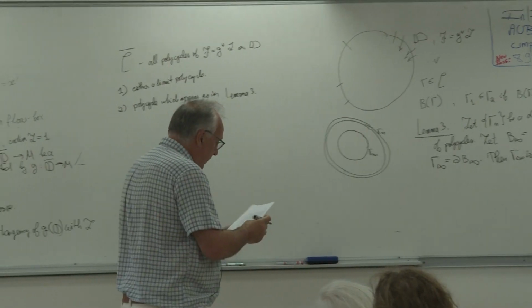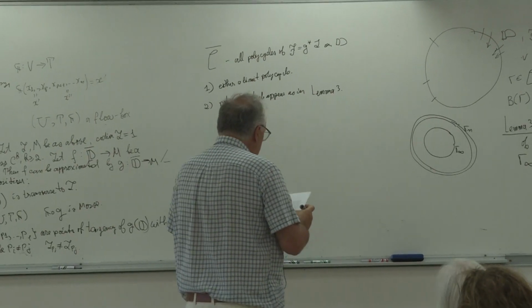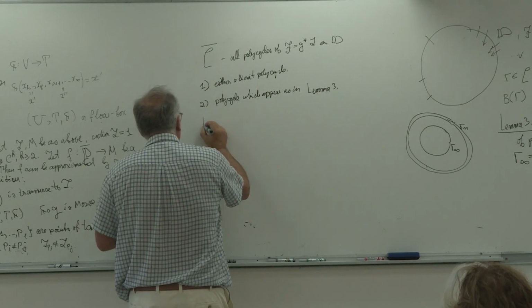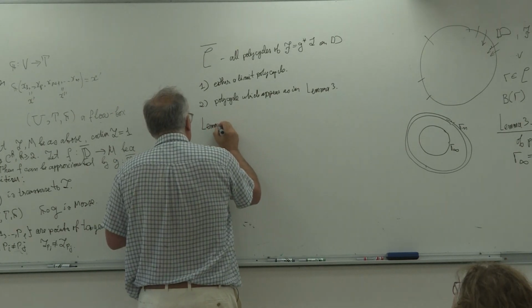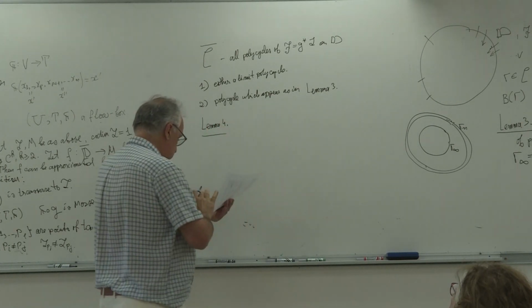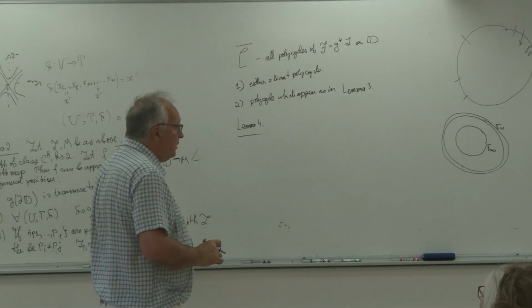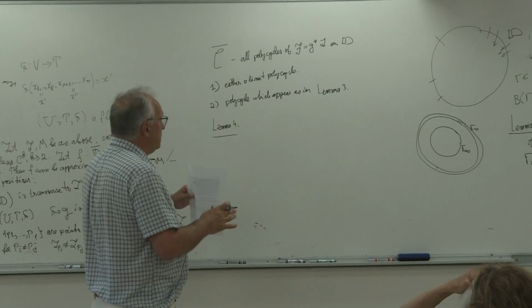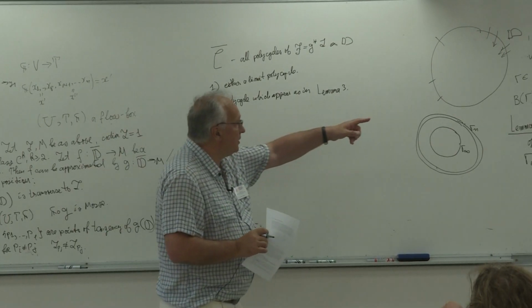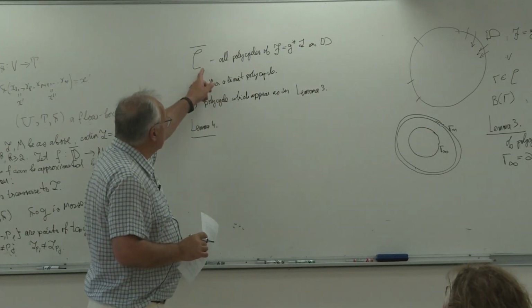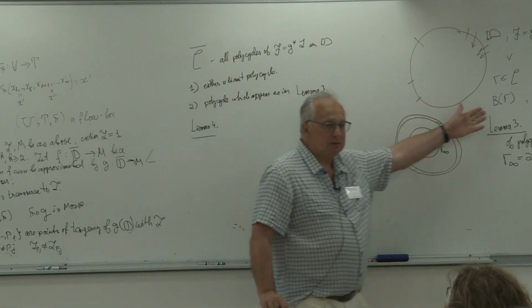So, and now lemma 4. I'm afraid that I'm arriving to the end. Lemma 4. Now we have a partial order on this set, like here.